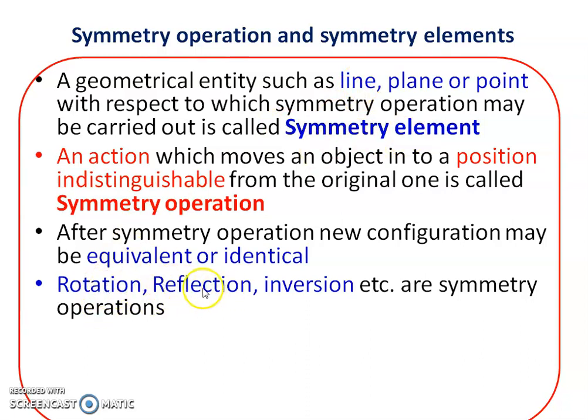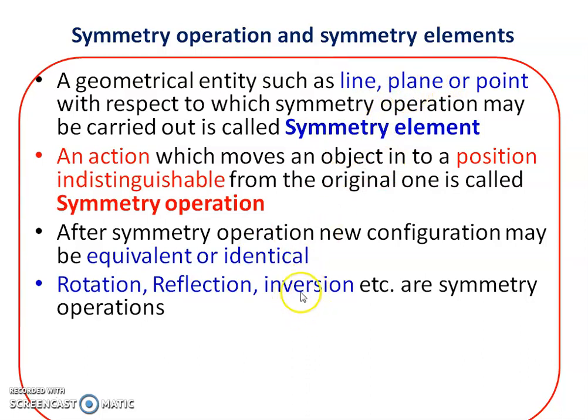Similarly, reflection is a symmetry operation, and there is a reflection only when there is a plane. Mirror is a plane. So reflection is possible only when there is a plane, which is a symmetry element.